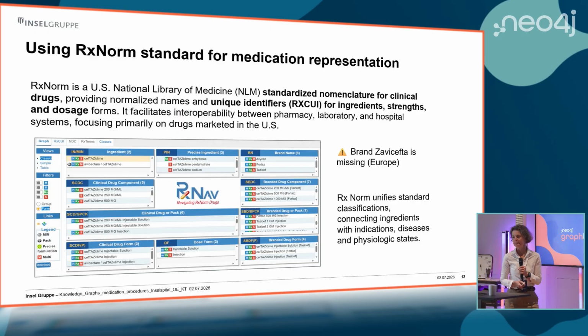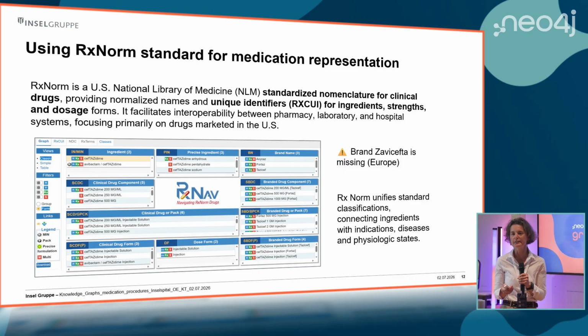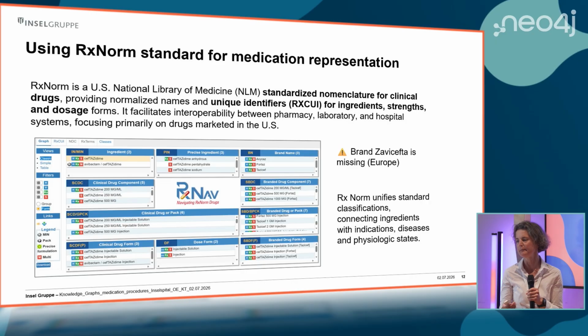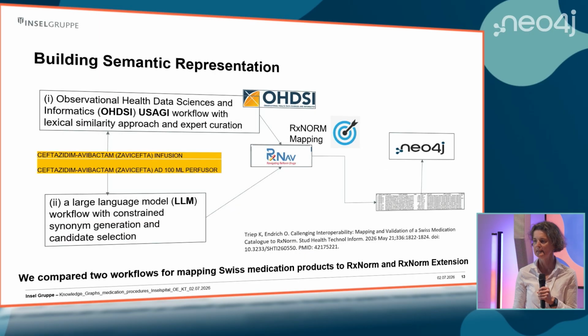And that has, of course, as most of you know, many advantages, because in RxNorm we have mapping to other standard classifications, and also we have really every product represented in a very standardized way. But the disadvantage is that RxNorm is in English. Of course, there's this European extension for the European market, but that is not complete and not compatible with the custom list we use at our hospital.